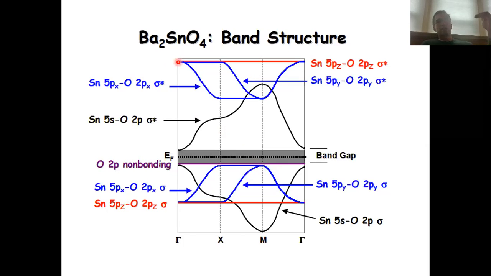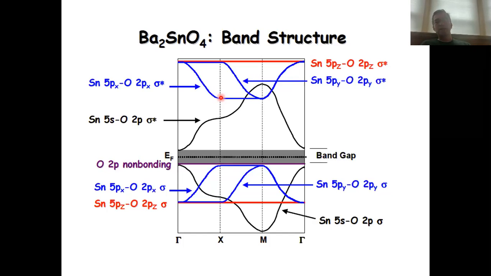So we start out at high energy, but then we are going down in energy to a non-bonding crystal orbital, and that non-bonding crystal orbital would have basically the same energy as a tin 5px orbital would have.